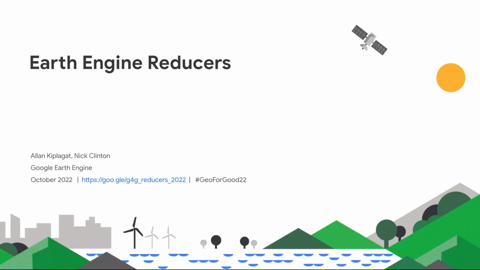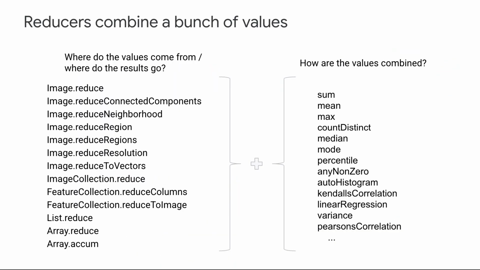All right, Earth Engine Reducers. Now, let's go to the next slide, which at the very top says, reducers combine a bunch of values. So reducers are the way to aggregate data over time, space, bands, arrays, and other data structures in Earth Engine. The ee.Reducer class specifies how data is aggregated. On the left of that slide, you'll see various reducers you can use.